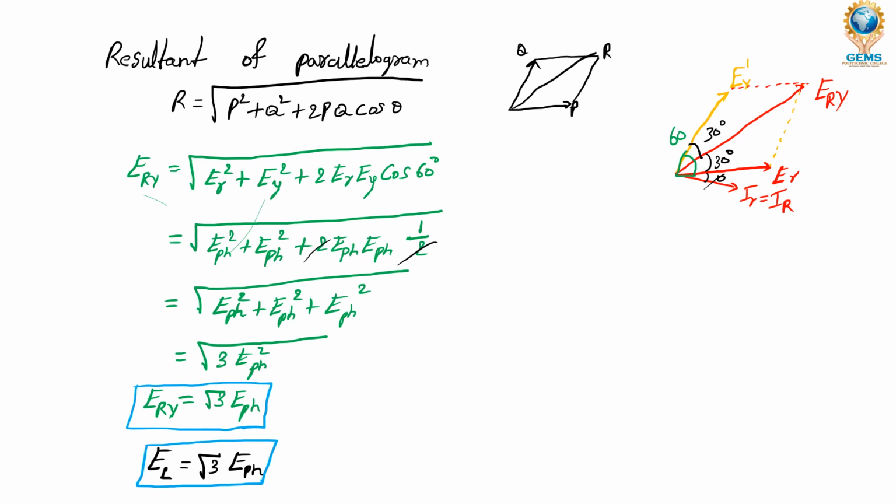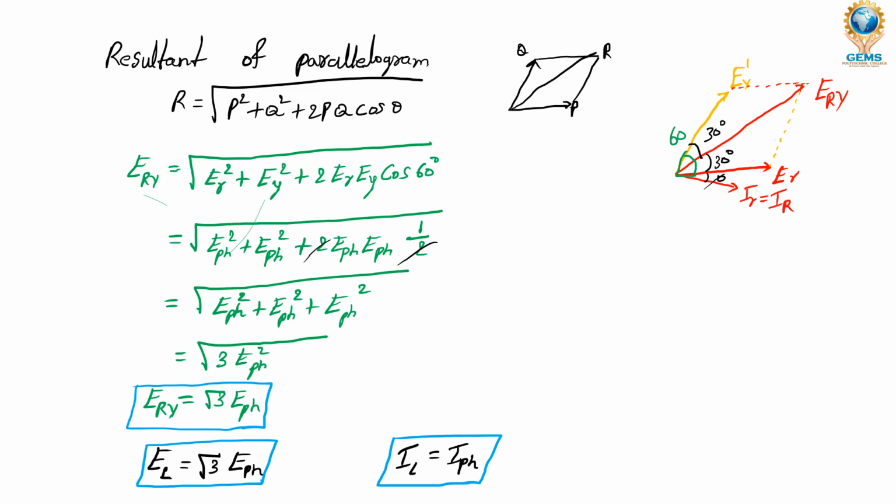In case of star connection, line current is equal to phase current and line voltage is equal to root 3 times the phase voltage.